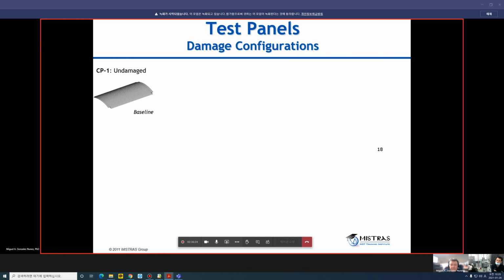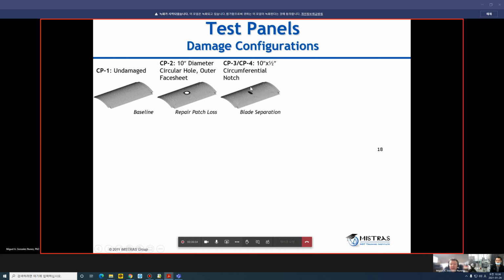This is another example showing different damage configurations on test panels. We have a baseline undamaged test panel. Then we have a repair patch loaded, with a 10-inch diameter circular hole in the outer face sheet.